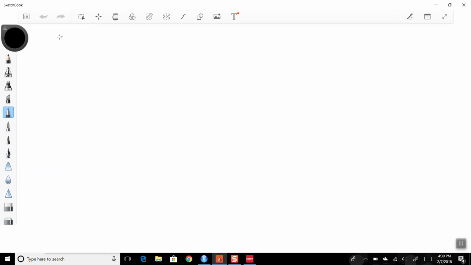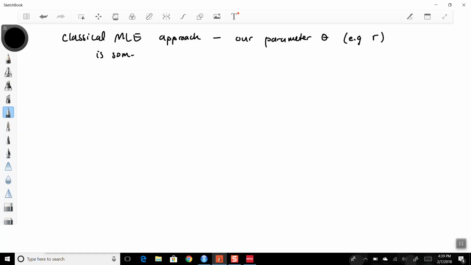All right. Okay, so the classical MLE approach is that our parameter theta, in this case, is some unknown but fixed value, okay?